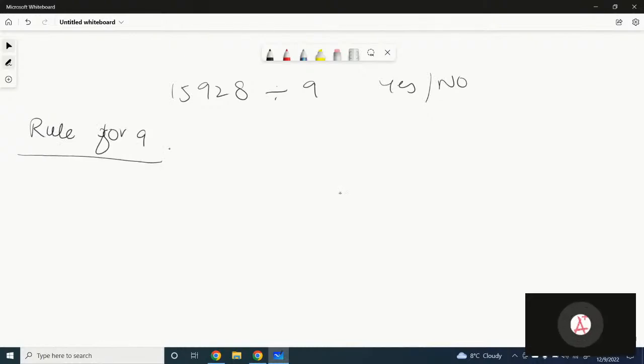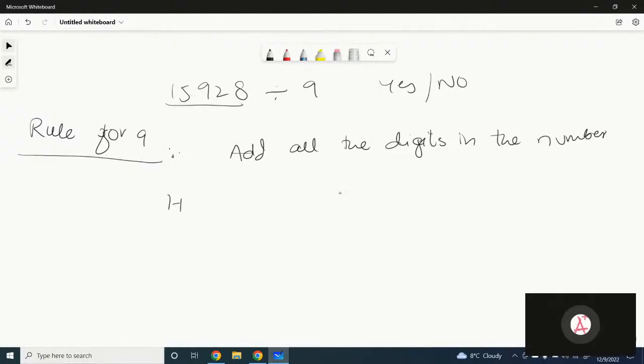Okay, the divisibility rule for 9 is to add all the digits in the number. For the number given above, just add all the digits: 1 plus 5 plus 9 plus 2 plus 8. Got it?